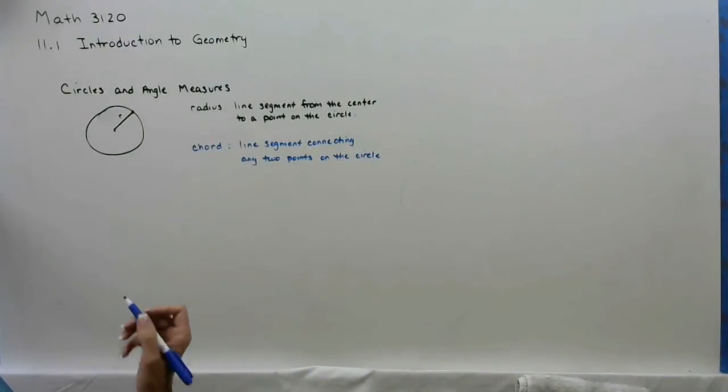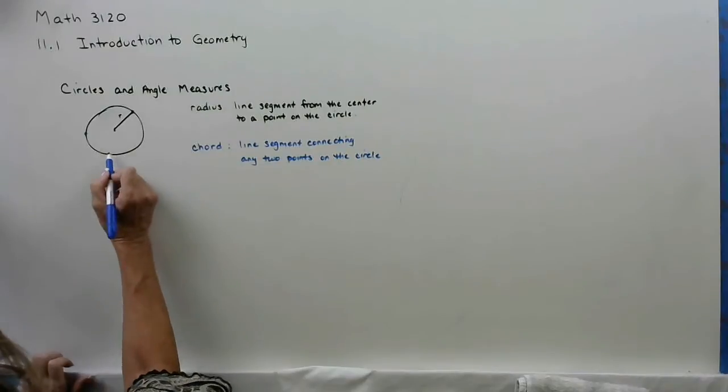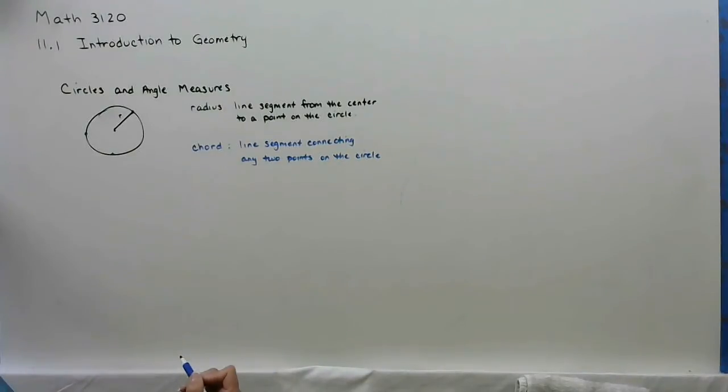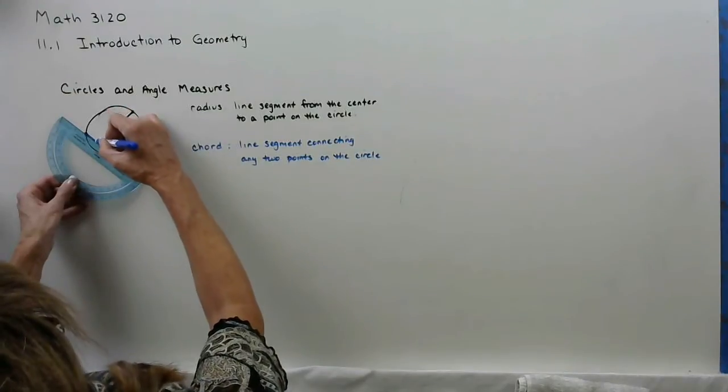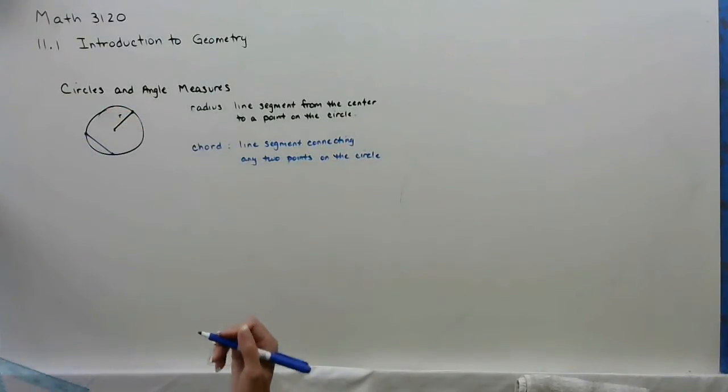So I'm just going to pick this point and this point. Sometimes a chord could be very short. Sometimes a chord could be very long. And we don't have a symbol for a chord. I'm just going to color code it. And hopefully that will help.